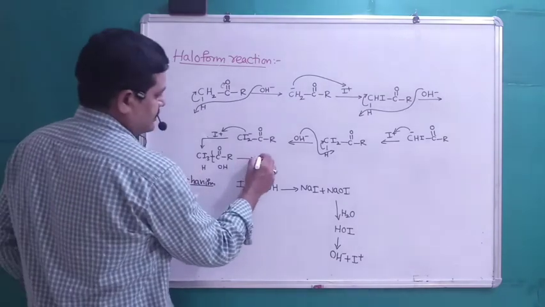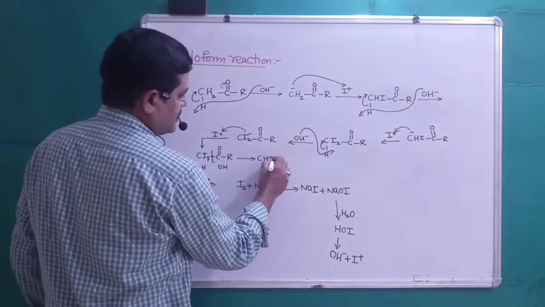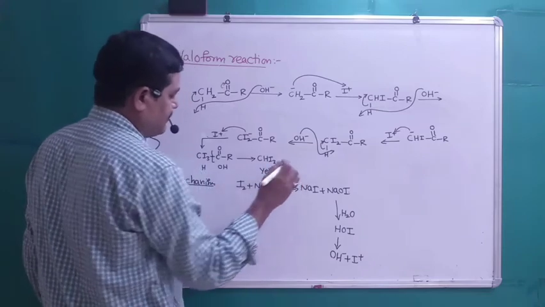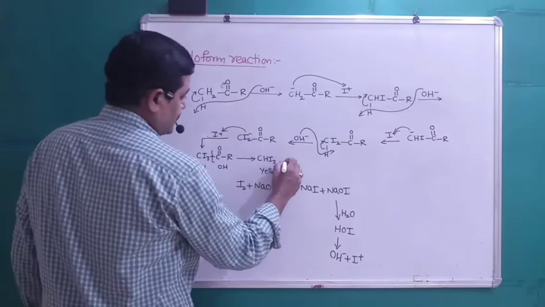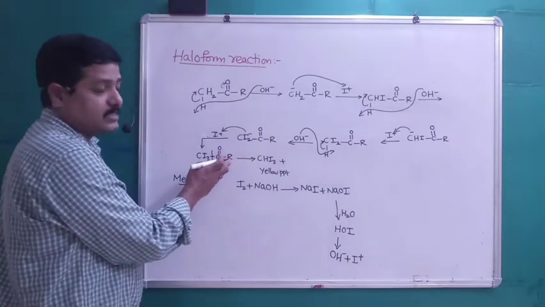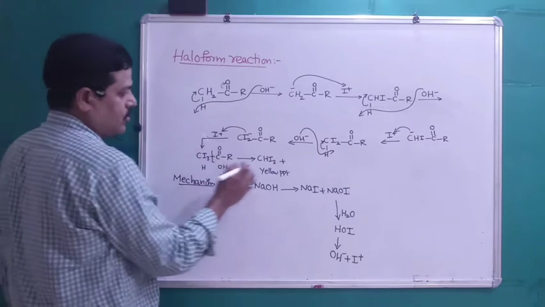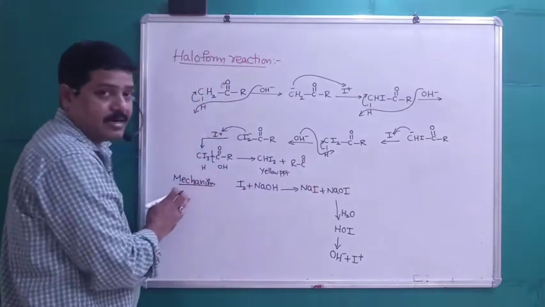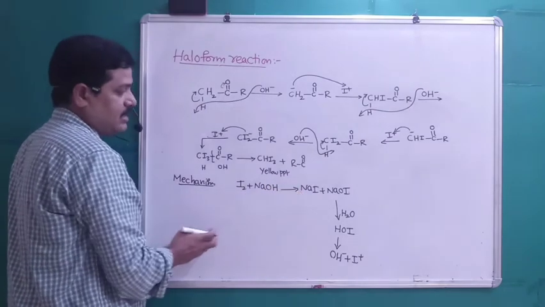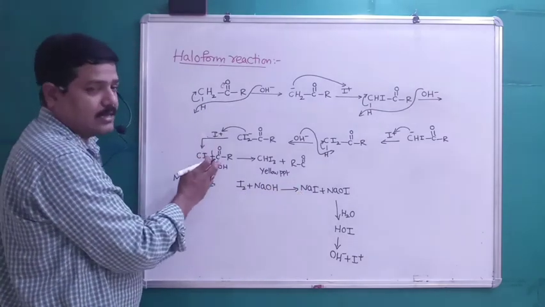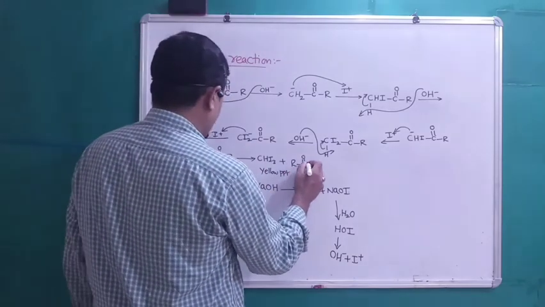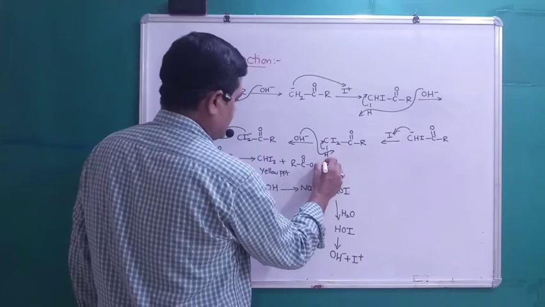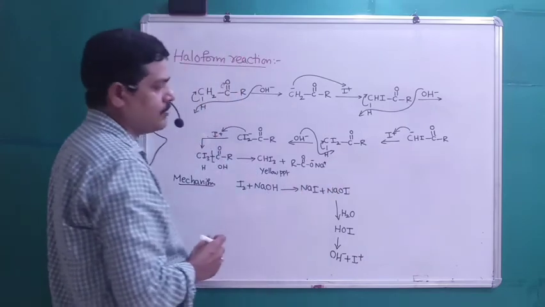Then we get CHI3, which is iodoform, a yellow precipitate, plus the carboxylic acid R-C=O-OH. But since a base is present in the reaction mixture, instead of the carboxylic acid we get the sodium salt of the carboxylic acid. This is the mechanism of the haloform reaction.